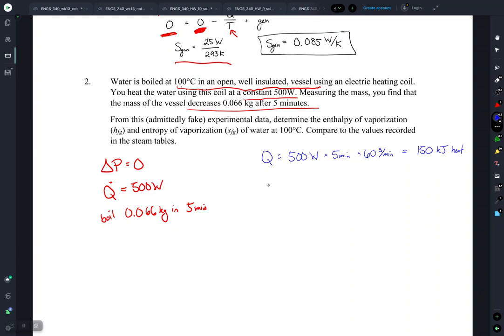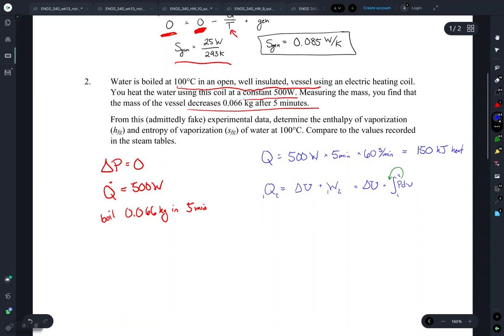Q12 equals delta U plus W. This is delta U plus the integral of P dV. This just so happens to be a constant pressure process, so we can pluck that little P right outside of the integral.